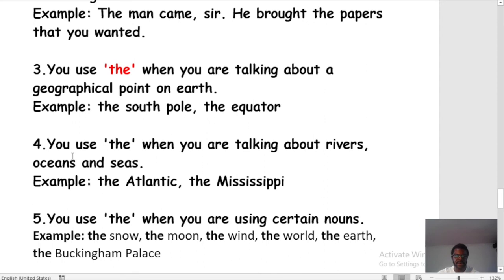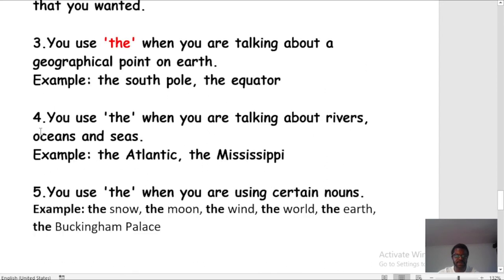Okay, the next place where we use "the" is when you are talking about rivers, oceans, and seas. For example, you can talk about the Atlantic Ocean, the Mississippi, or the River Nile.